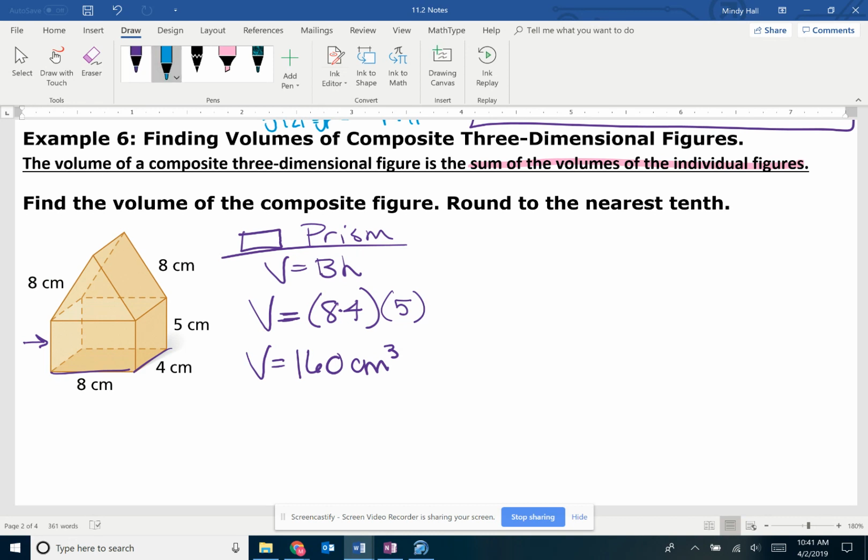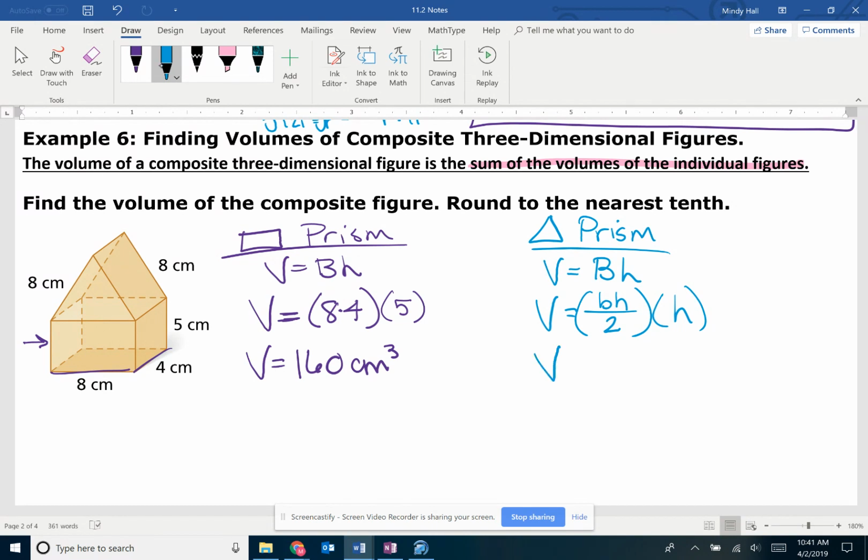Then, to find the volume of the triangular prism, we're going to have to do some extra work. To do the base area, I need the base of my triangle times its height divided by 2, times the height of the prism. Because there are two heights, for some of you it might be easier if you fill in the height of the prism first.